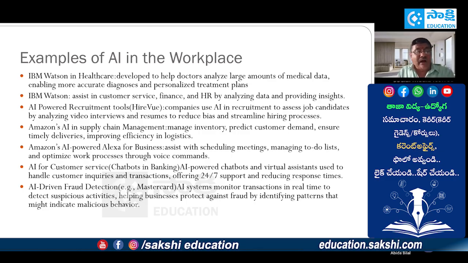So to realize artificial intelligence's educational potential while mitigating its negative impact on academic integrity and learning, we need to develop some approaches.